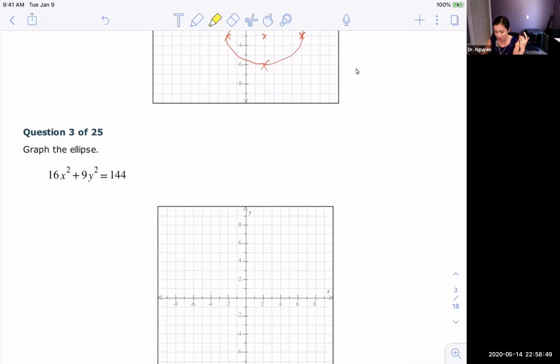So the first thing you need to do is create that 1. So how do we do it? We divide by 144. Right? Now, because we divide by 144, you're going to have to do it for everything. Otherwise, you change the equation. Okay, so now I can reduce the fraction.